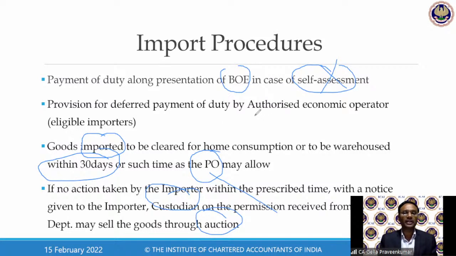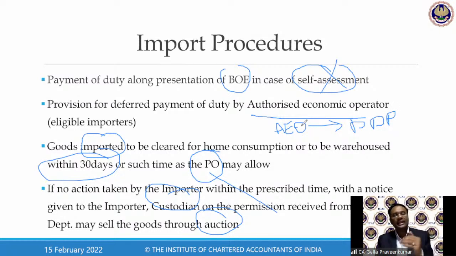There is something called AEO, where there is a deferment of duty payment. That means to say, any goods which are cleared from 1st to 15th, the duty will be paid on 16th. Any goods cleared from 16th till the end of month, it will be paid on 1st of the subsequent month.